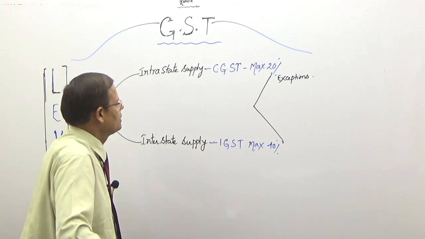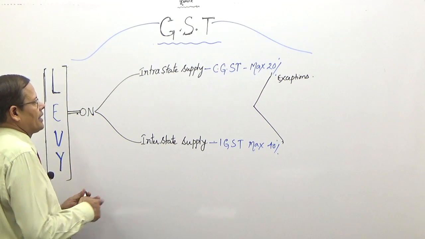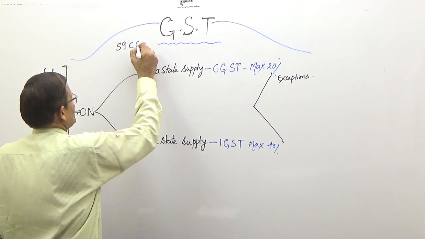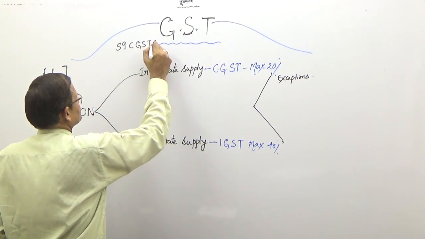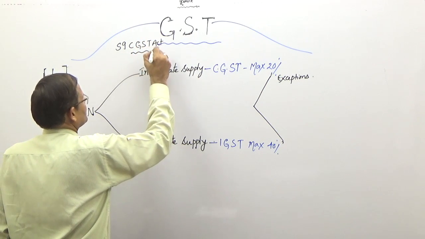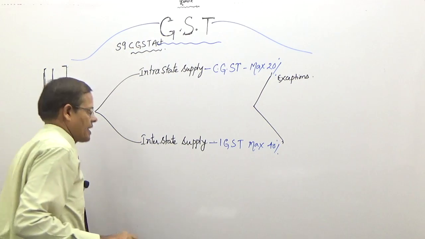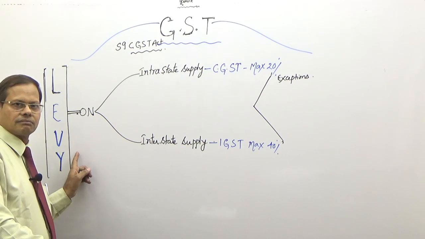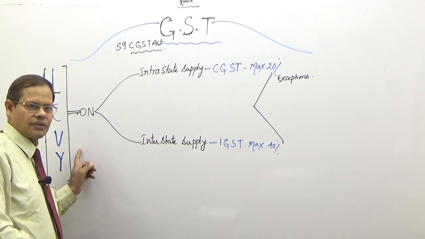How? You see, I am talking about section 9 right now. Section 9 is about the CGST Act. Levy means charge of tax.